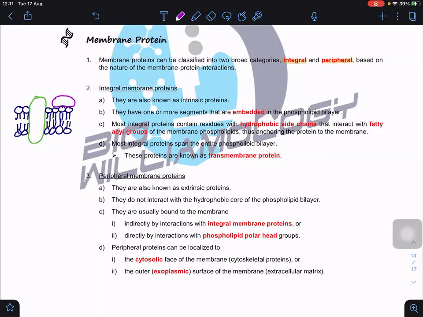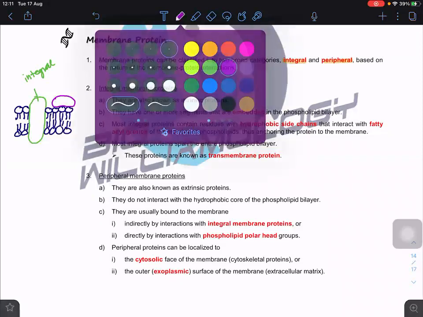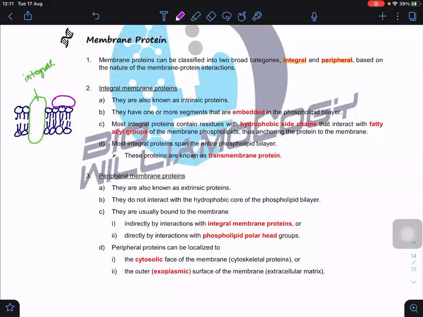So the green protein here is known as the integral membrane protein, or intrinsic protein. And the one that does not embed itself in the phospholipid bilayer is known as a peripheral protein. So, integral versus peripheral.